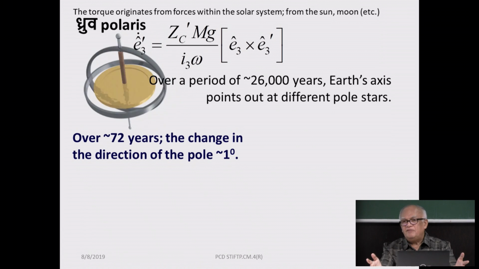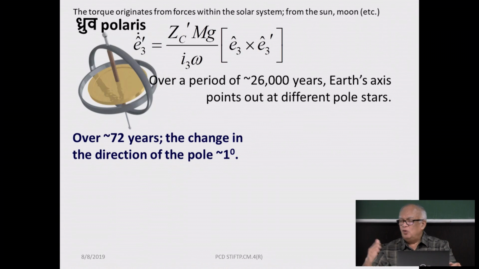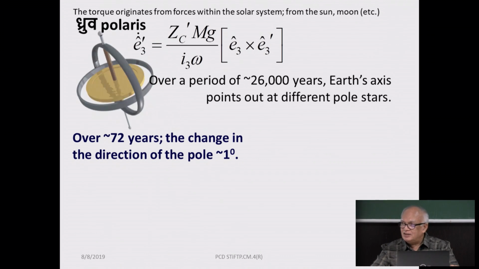So over a human lifetime, which is 70, 80 years, it takes about 72 years that the direction of the pole will shift by 1 degree. And over centuries, this effect will accumulate. And over thousands of years, even more so. Over 26,000 years, it will complete one full rotation.